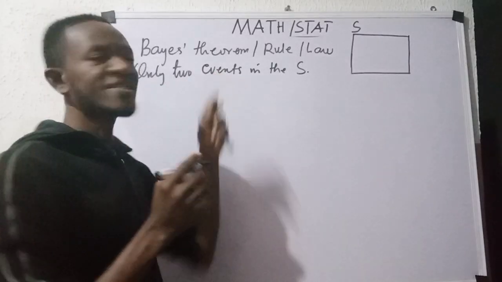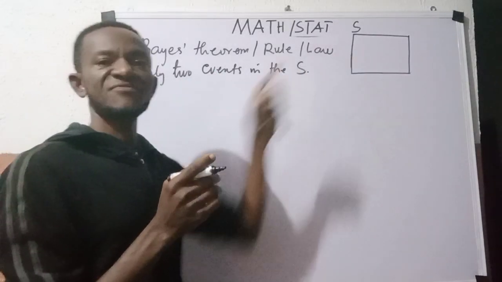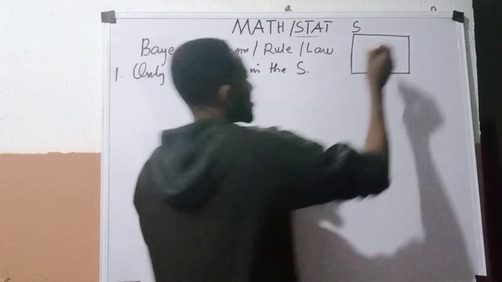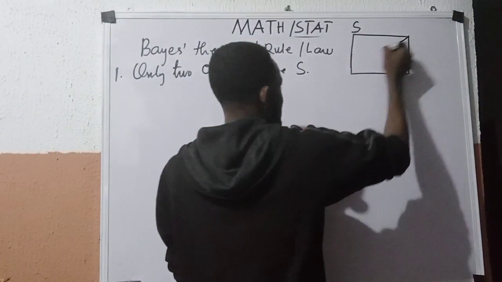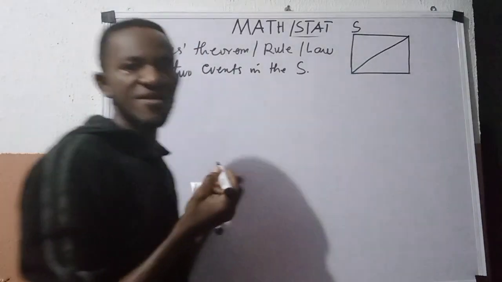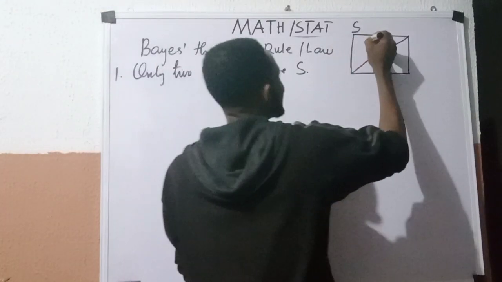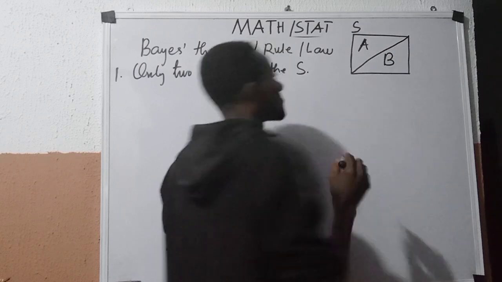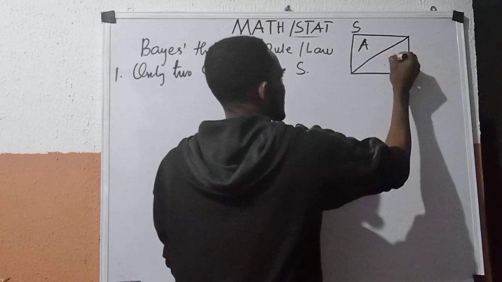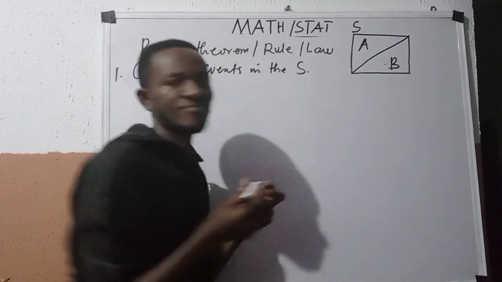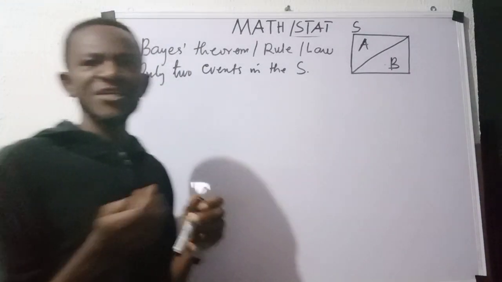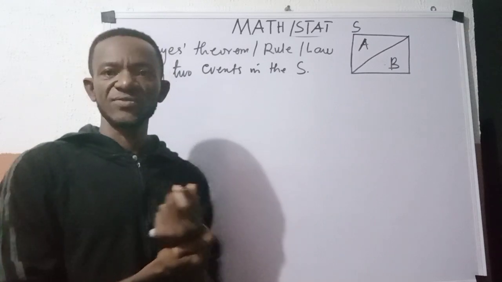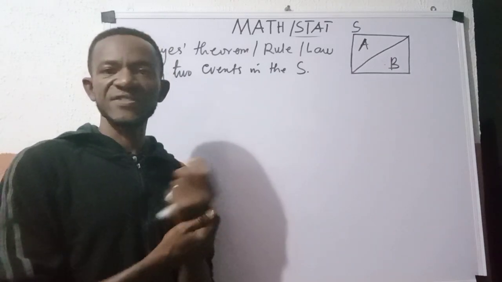Because only two events are discussed, this Venn diagram is going to be partitioned into two. And let me do the partition in this way. And here is my event A, and here is my event B. Let me say there is also another event that is superimposed on the sample space.